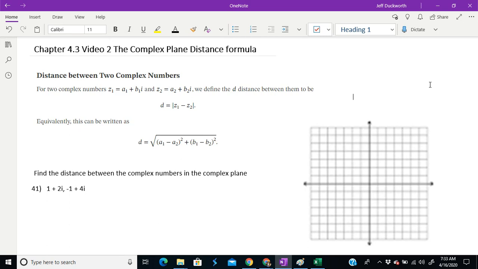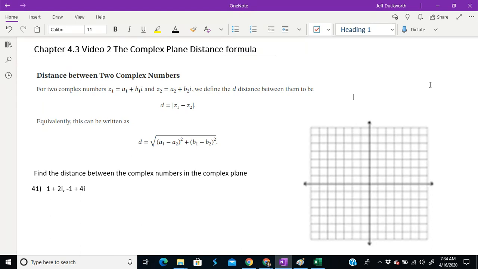Now we're dealing with complex numbers, and our distance formula is going to be the difference between the real components of our complex numbers squared plus the difference between the complex part of our complex number squared, and we take the square root of that.